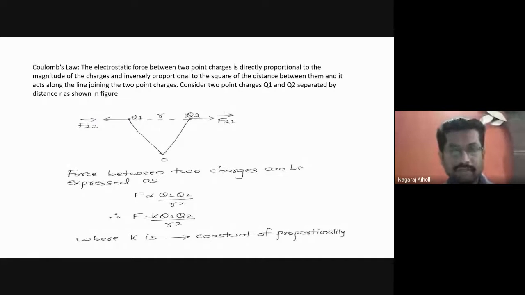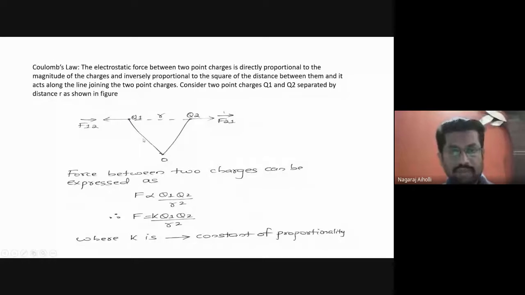What we have done here, we have considered two point charges q1 and q2 separated by distance r. The charge q1 is at a distance r1 from the origin, and charge q2 is at a distance r2 from the origin.